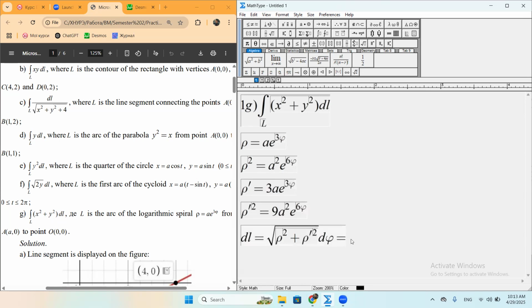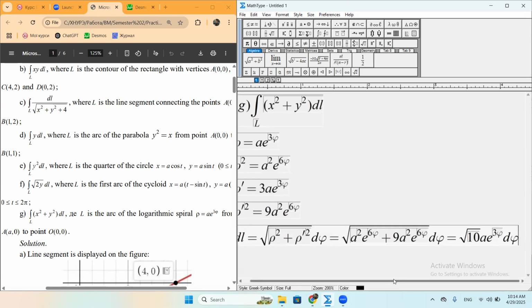So let's substitute these squares under the square root. What we have is a square e in power 6 phi plus 9a square e in power 6 phi. So what we will receive is square root of 10 a e in power of 3 phi d phi.